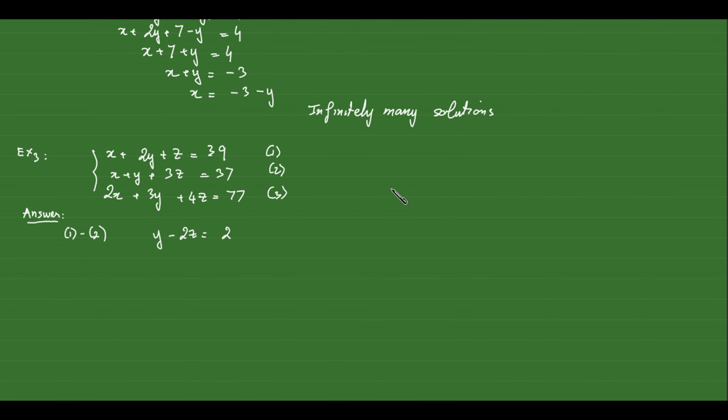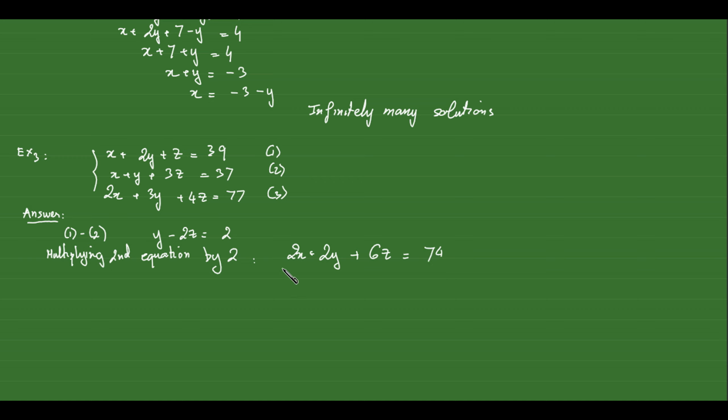And if I go ahead and multiply the second equation by 2, then what would we have? Multiplying the second equation by 2, I have 2x plus 2y plus 6z equal to 74, right?